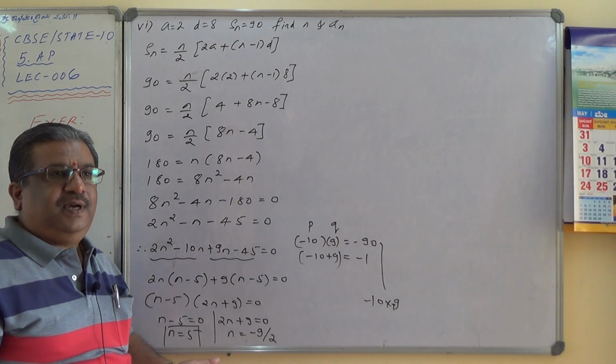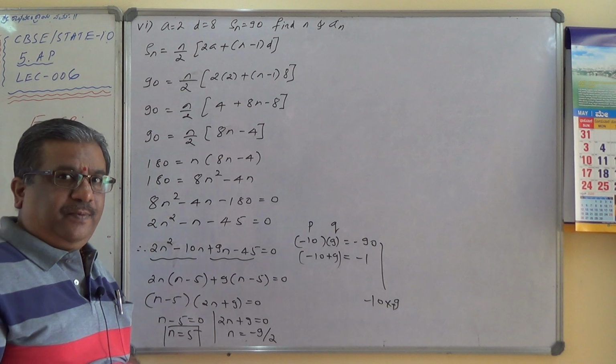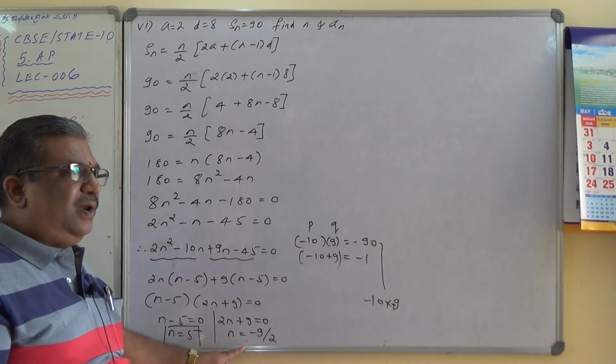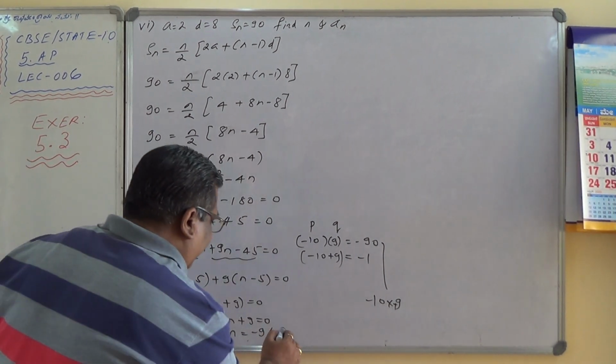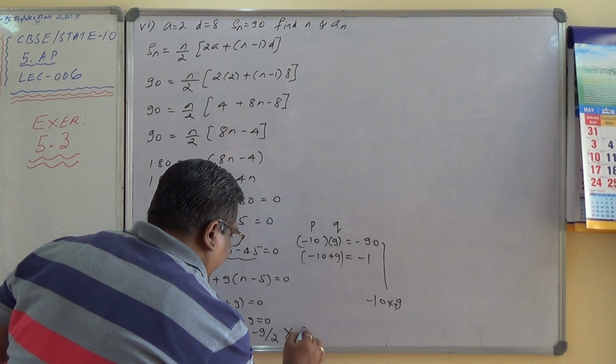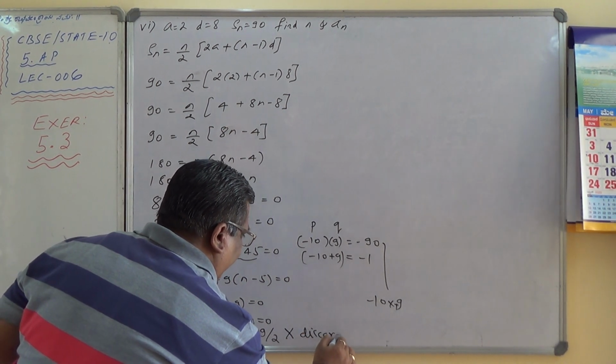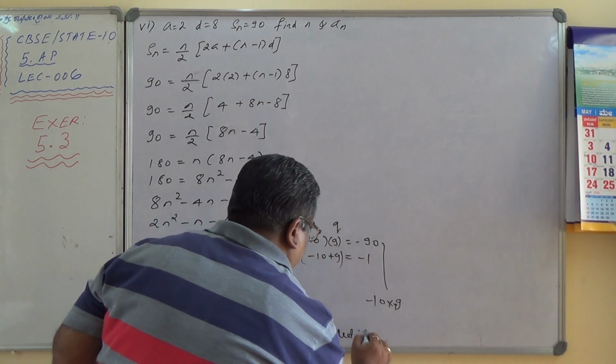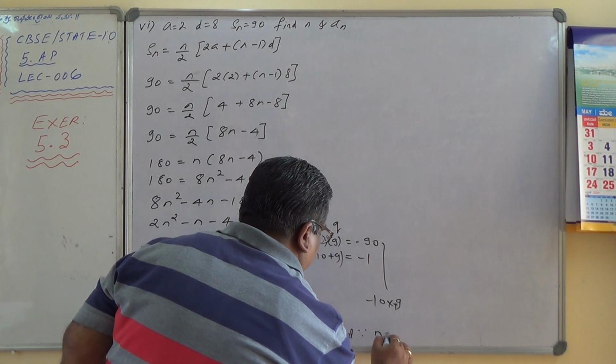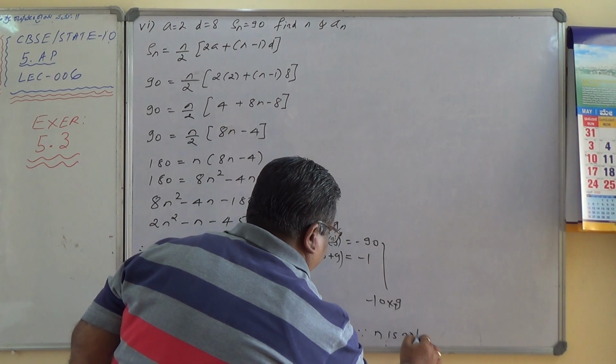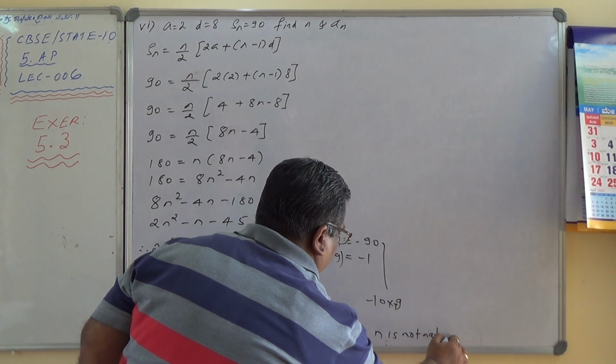Number of terms cannot be negative, and therefore the negative value of n is to be rejected. I'll write here, this is discarded. Why is it discarded? Because n is not a natural number here.